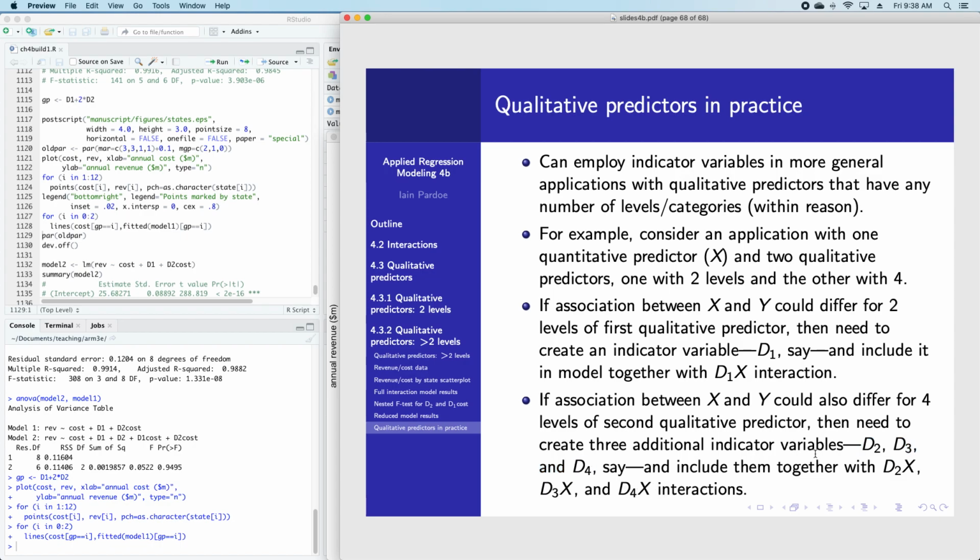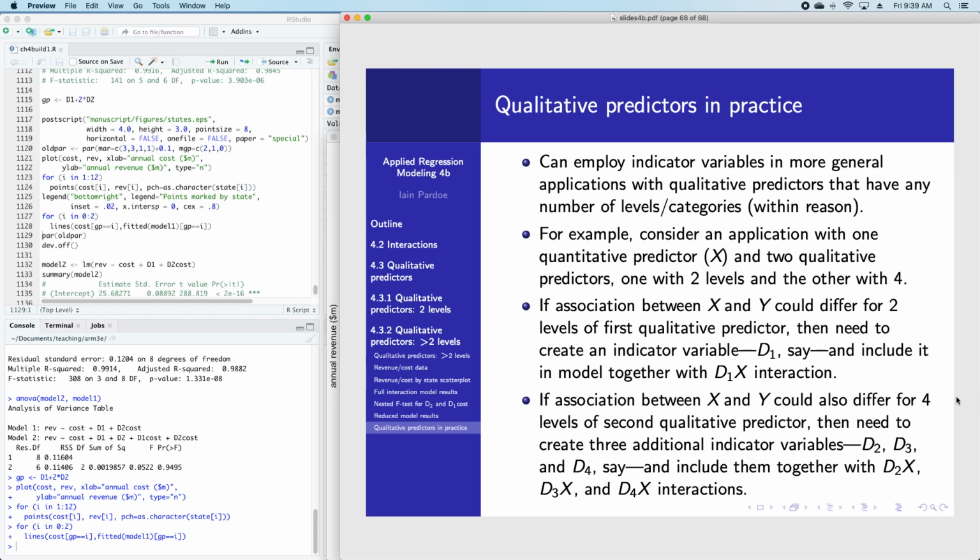So you can see that you can model lots of different relationships between a response variable and quantitative predictors, and model differences between levels of qualitative predictors as well by using indicator variables in this way.